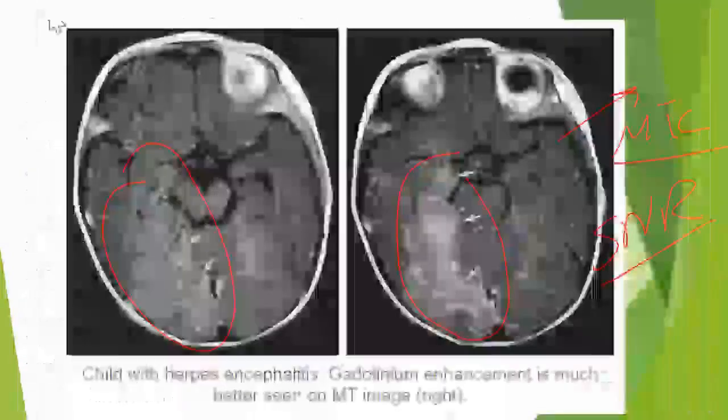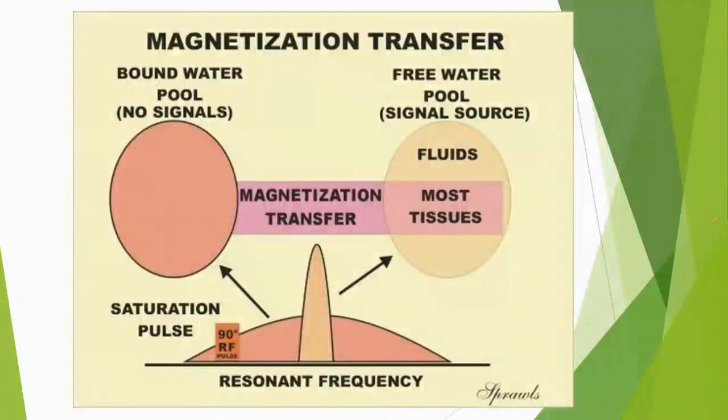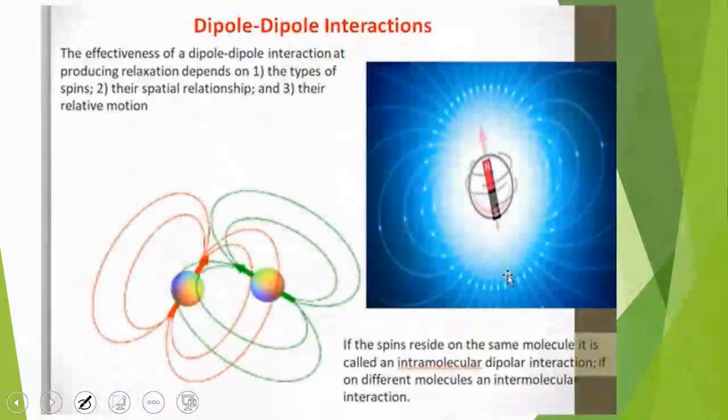Now, this is the macromolecules transfer that occurs, and this is the water signal. This is the macromolecules. The process of energy transfer occurs through something called dipole-dipole interaction. There is no need to go into details.